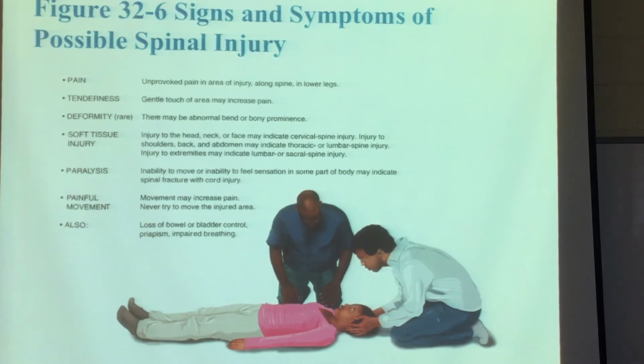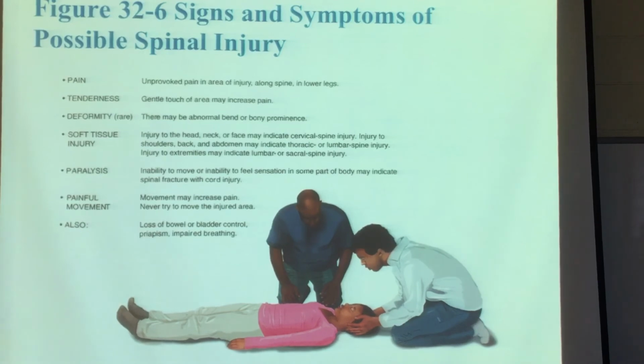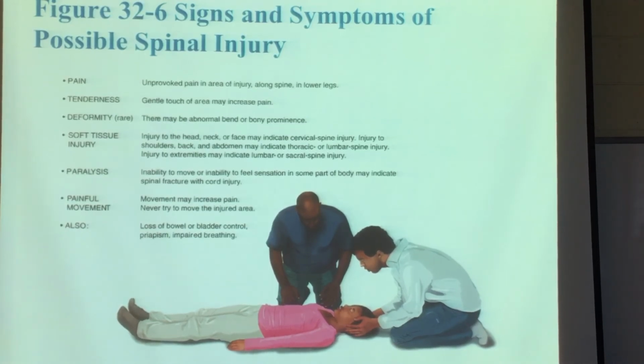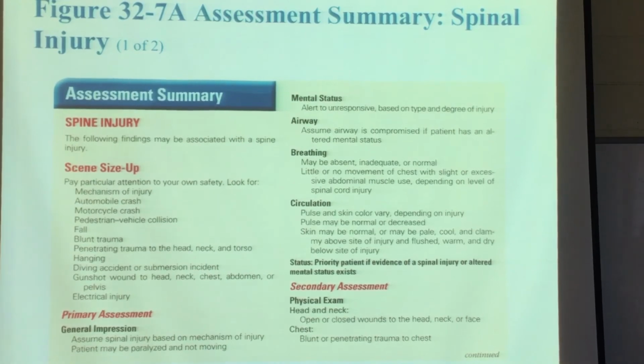So: pain, tenderness, deformities. There may be other soft tissue injury. They may complain about weakness, numbness, tingling, paralysis. And one other thing was loss of bowel and bladder control.